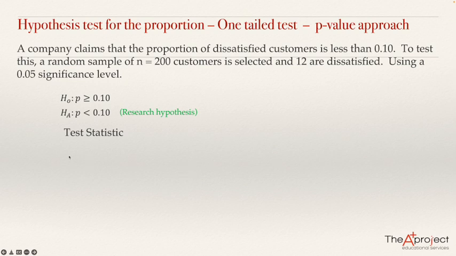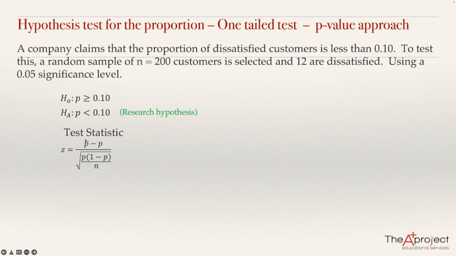So z equals the sample proportion minus the proportion, divided by the square root of the proportion multiplied by 1 minus the proportion, divided by n. And this value of the proportion that appears 3 times is the value that I'm going to consider true, so the proportion is equal to 0.10, the one that appears in the null hypothesis.